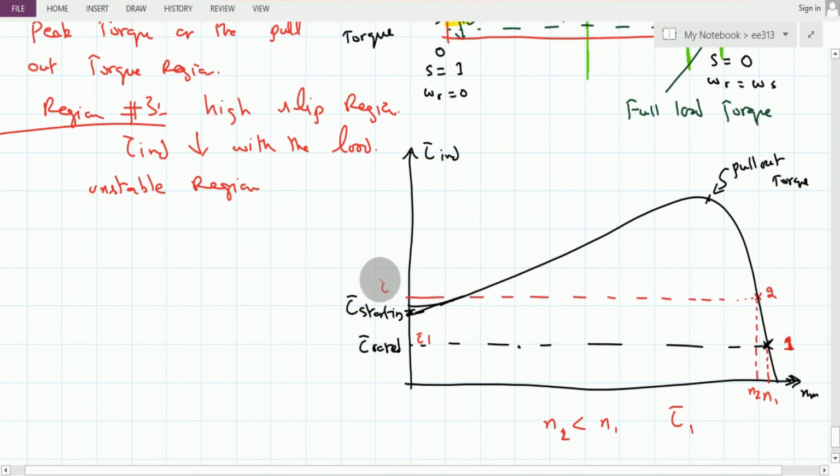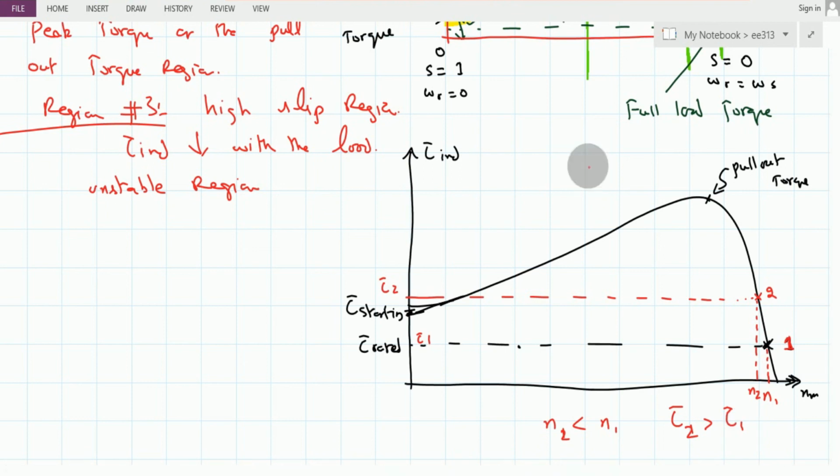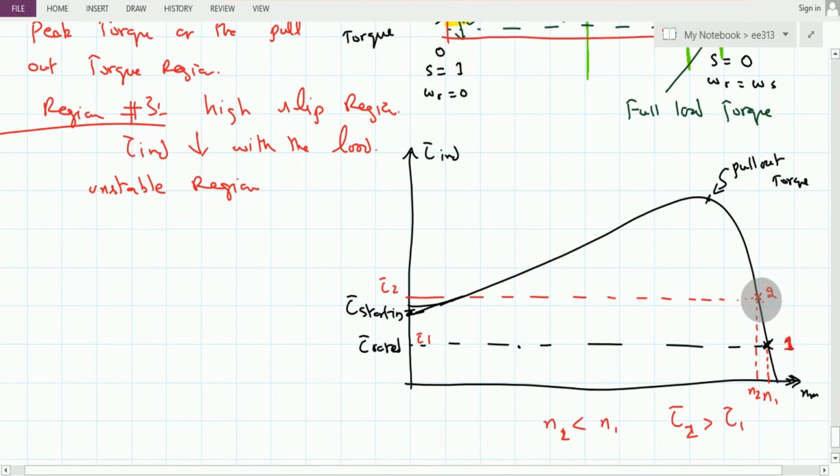Here we have the torque T2, which is greater than the torque available at point number 1. Because the induced torque has increased, the motor will speed up and move back to point number 1.